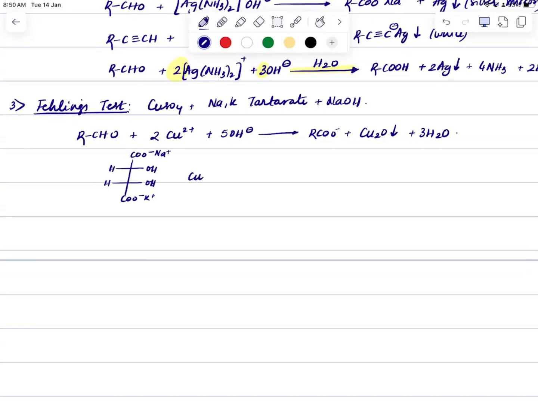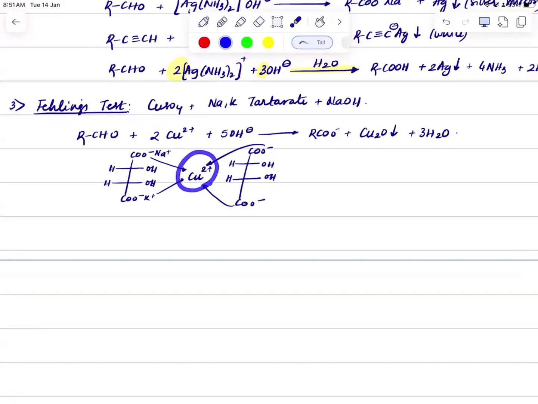Now, copper 2+ is connected from this end and this end, from both the ends of CO- and CO-. One question asked, I think in 2022, was: what is the coordination number of copper in this complex? The answer is 4. It is connected from 4 ends.